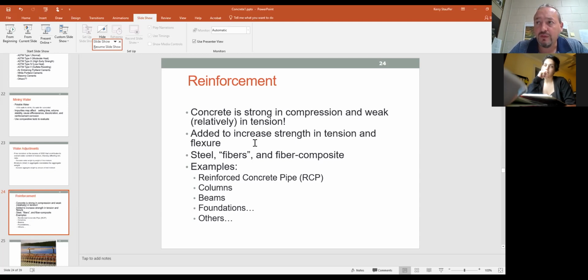But there are fibers, kind of a geosynthetic product, and they look like synthetic hairs or something. It looks kind of weird, and sometimes you can see it on the surface of the concrete, but it does kind of the same thing.